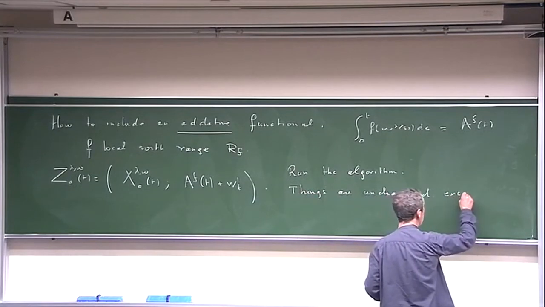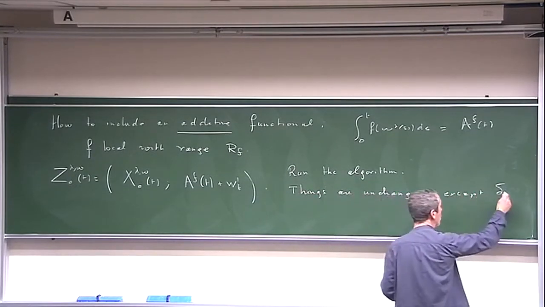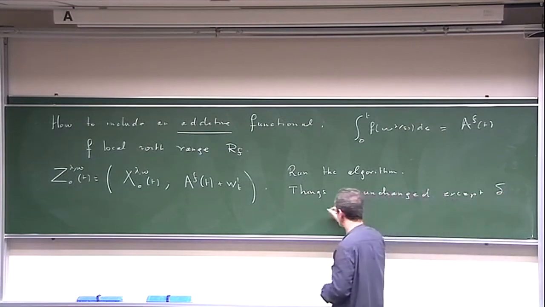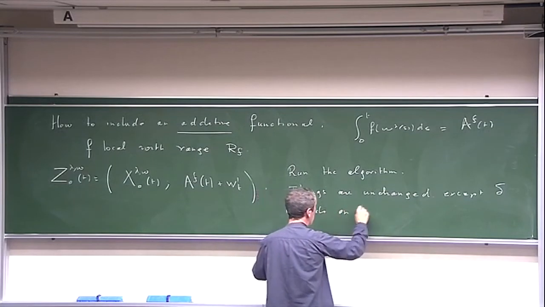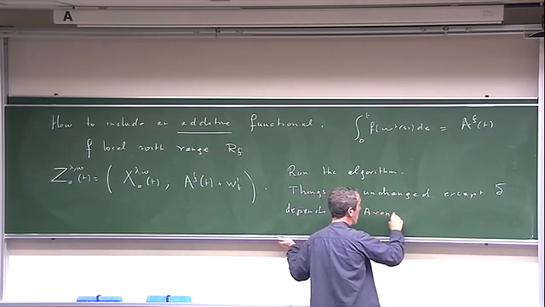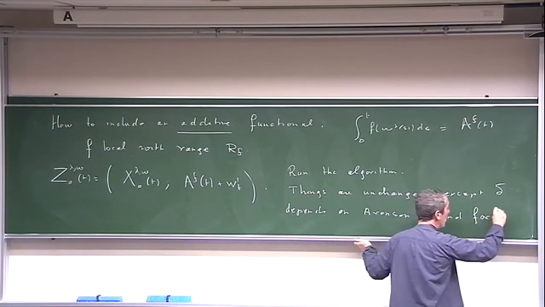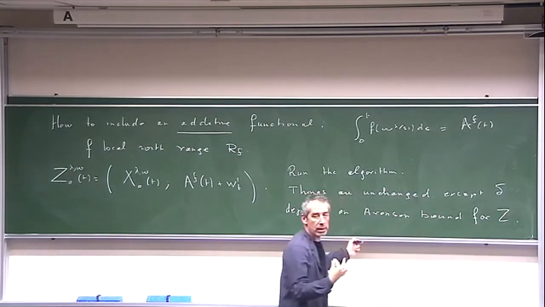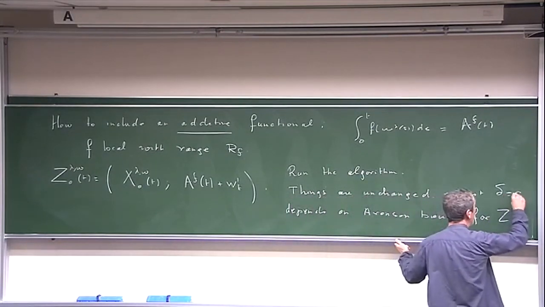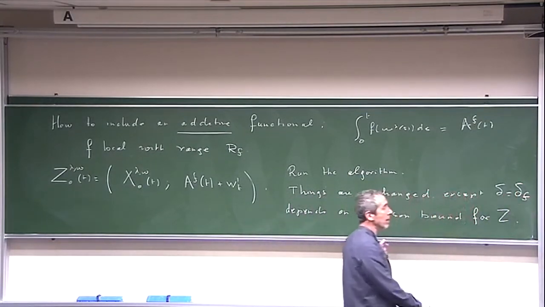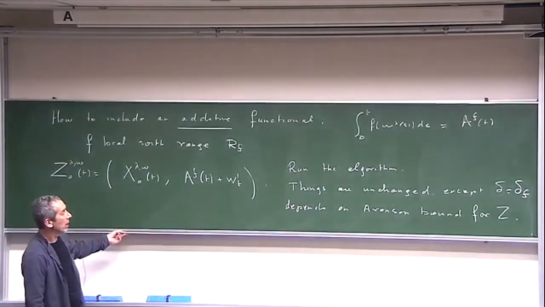So the new delta depends on the Aronson bound for Z and not for X. Because Z includes f, then delta is a delta_f. It depends on f.